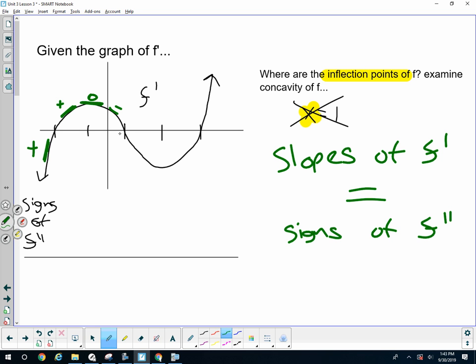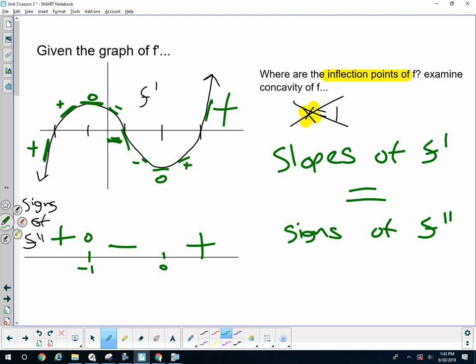A little bit negative, more negative, who cares? We just care that it's negative. Less negative, 0. Positive, more positive, right? So we have positive signs until -1 where we have a 0. We have negative signs until 0. We have positive signs.